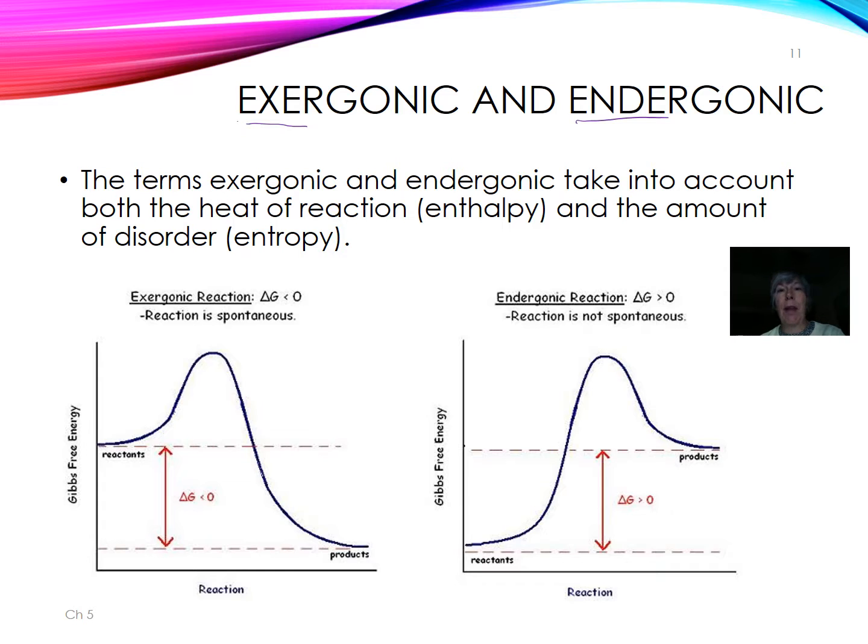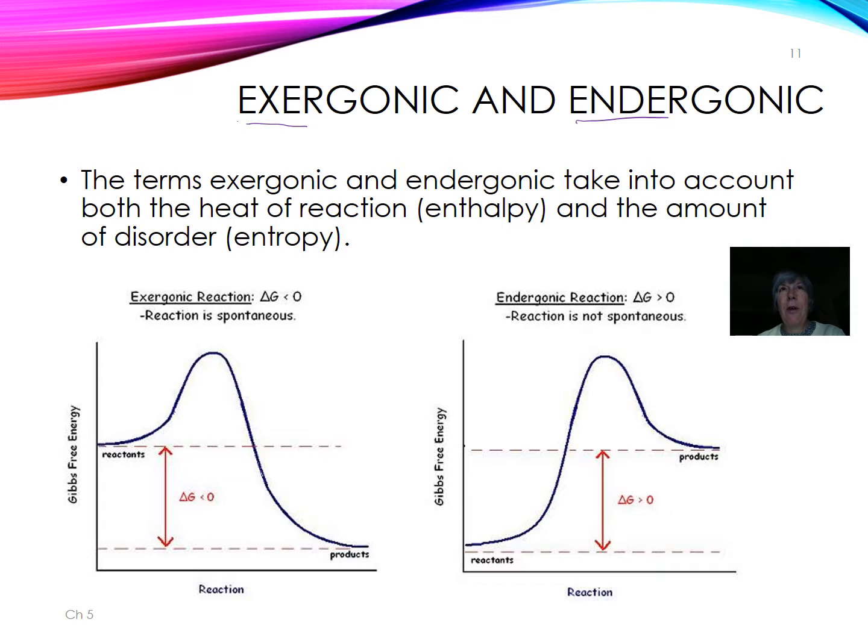In an exergonic reaction, the total amount of energy, the heat of reaction plus the amount of disorder, the entropy, results in the products having less energy than the reactants. Endergonic is opposite. The products will have more energy than the reactants.